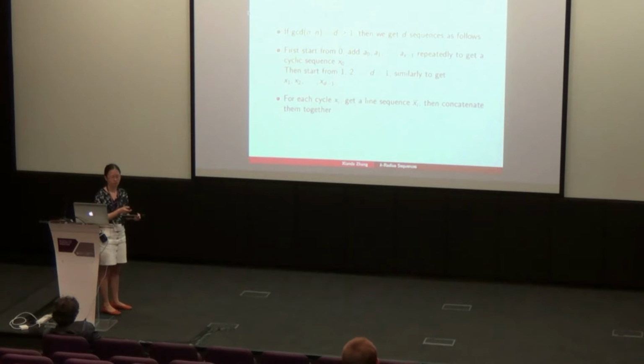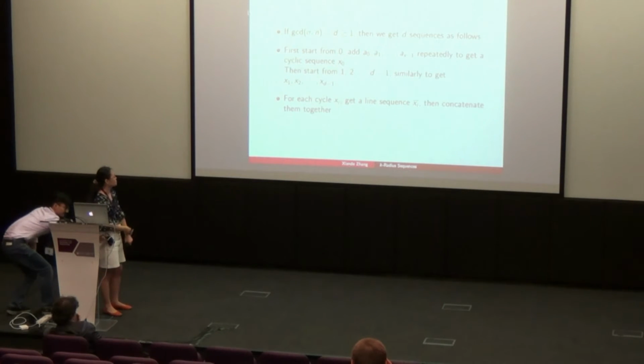So in these D cycles, you can check any pair of the elements will appear in some of the D cycles within distance k exactly once. Then you can just count these cycles and combine them together to get a long cycle, which is a k radius sequence. So that's the main idea of the construction.